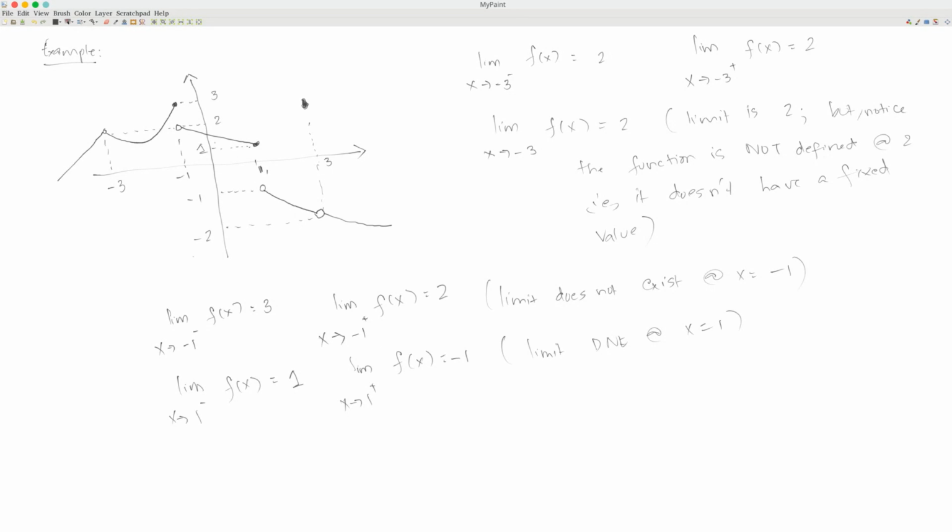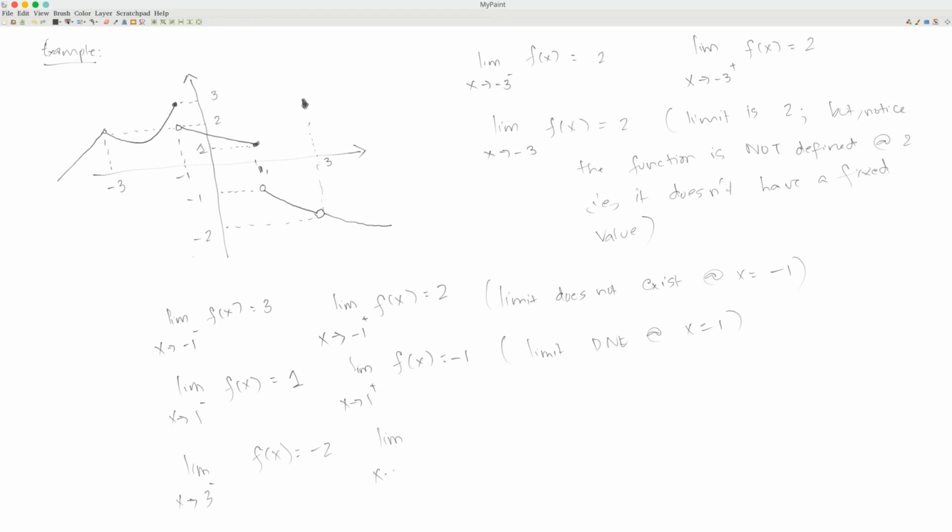If you look at 3, as you get closer to 3 along the x-axis, the function gets closer and closer to negative 2. So as x approaches 3 from the left hand side, the value of the function is negative 2.